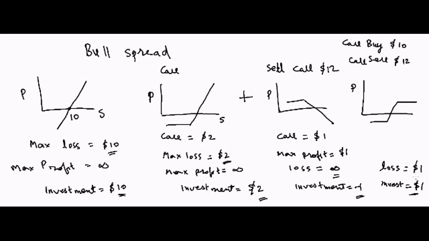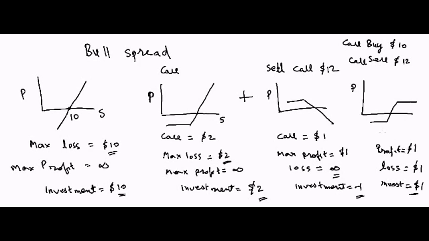So your maximum loss is $1, and your maximum profit, now this is again important, so the stock can at maximum go to 12, and then after that you will stop getting any profit, because in that case you have sold the call. So your maximum profit will also be equal to $1.